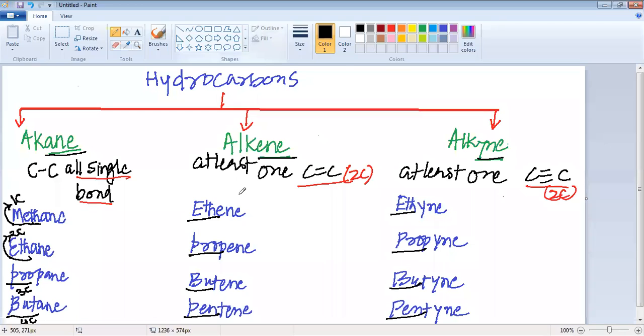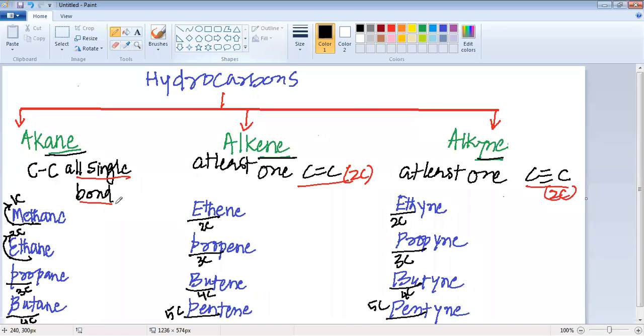So what is the meaning of eth, my dear students? Eth means 2 carbon, prop means 3 carbon, but means 4 carbon, pent means 5 carbon. This is what you should know.